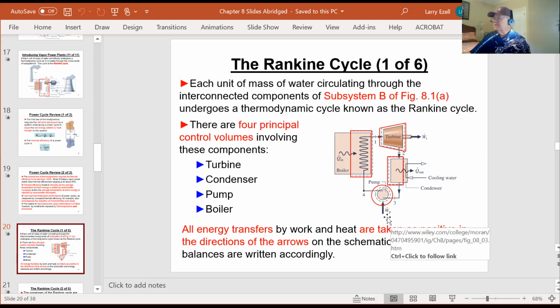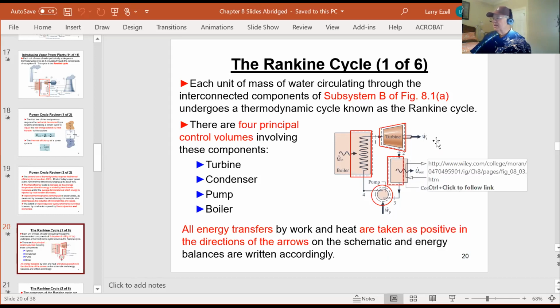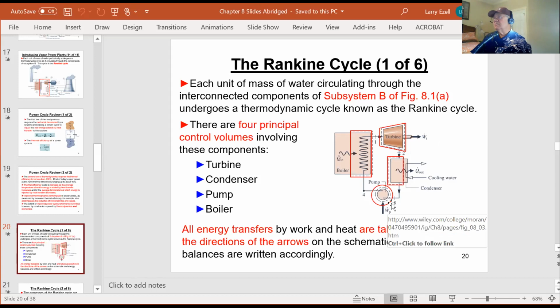For instance, if this turbine puts out, say, 70 megawatts, well, this pump would take about 1 megawatt of energy. So 1 megawatt, that's 1,000 kilowatts. That's a pretty good size pump, but still compared to the output of the turbine it's pretty small. Okay, turbine, condenser, pump, boiler.